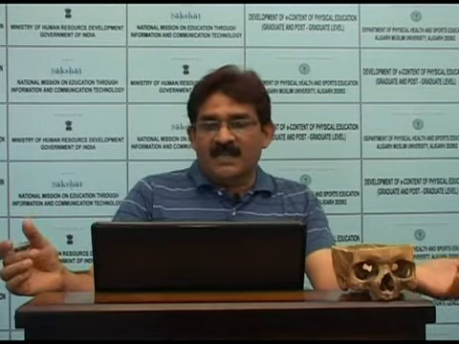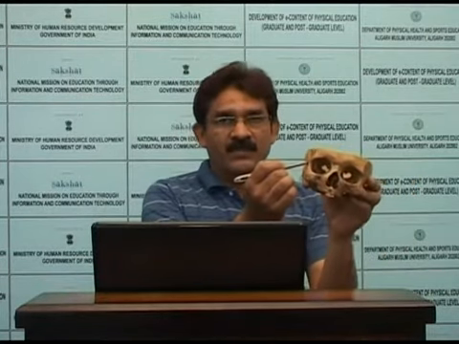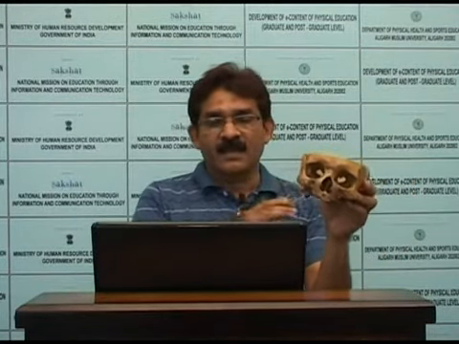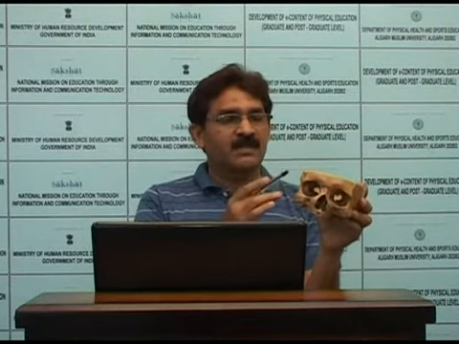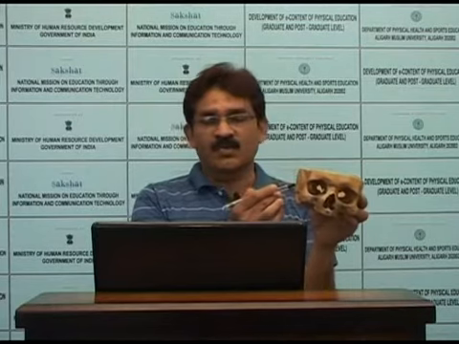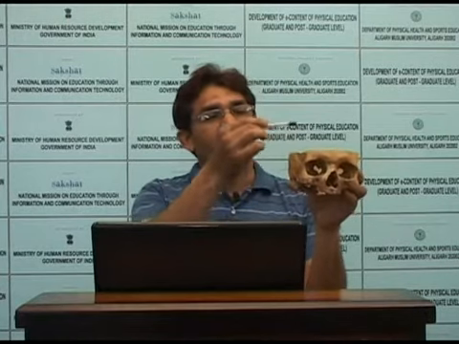Now let us start the lateral aspect of the skull. Lateral aspect means this is the lateral side of the skull. Here are different bones, but with sutures we can explain. This is the parietal bone.